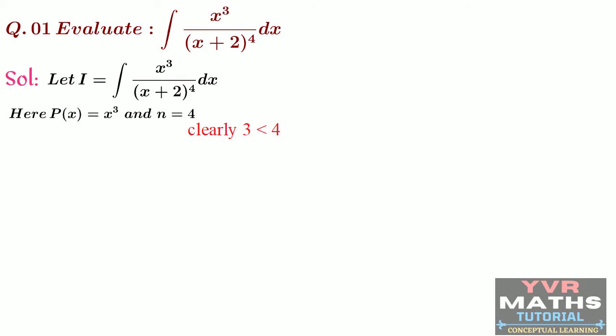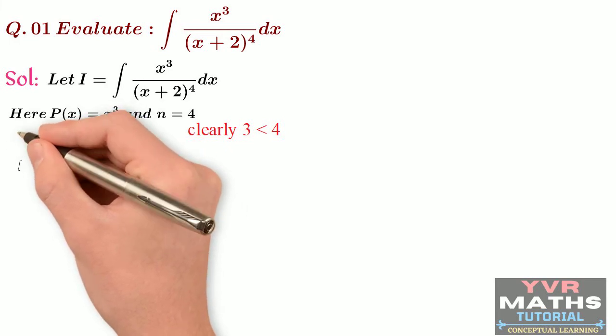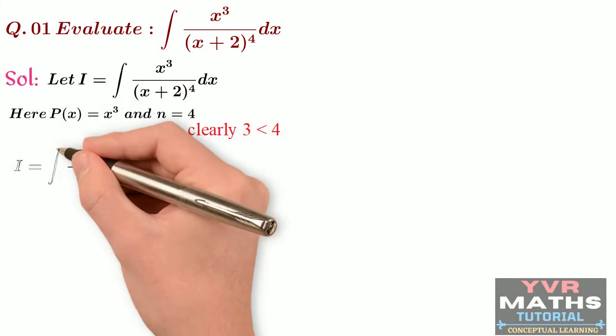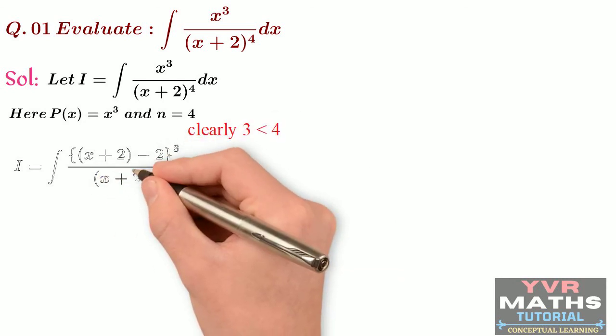That's why we have to follow the algorithm we discussed. Since the degree of p of x is less than n, I will express the polynomial p of x as we discussed in the given algorithm. Next step, in the numerator, for x I am going to add 2 and subtract 2. Then what you will get? Integral x plus 2 minus 2 whole cube upon x plus 2 whole power 4 dx.